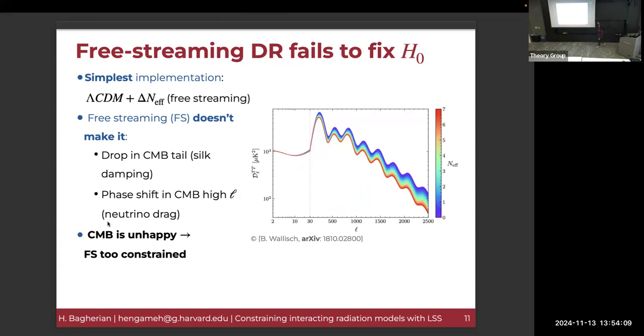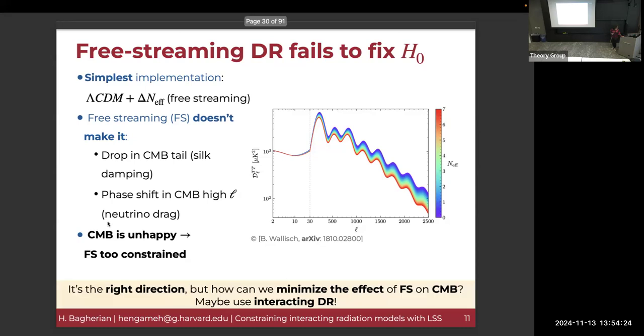If I add more and more free streaming dark radiation, not only will I dampen the tail of the CMB, but I will also be shifting these peaks. So these two effects are going to make the CMB unhappy, and these models are highly constrained by the CMB and not very favored. But as you saw, it was still in the right direction.